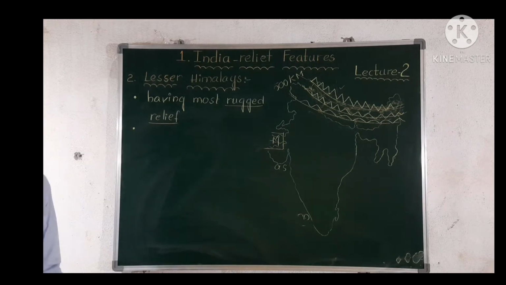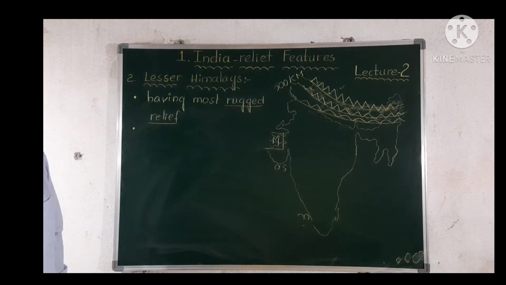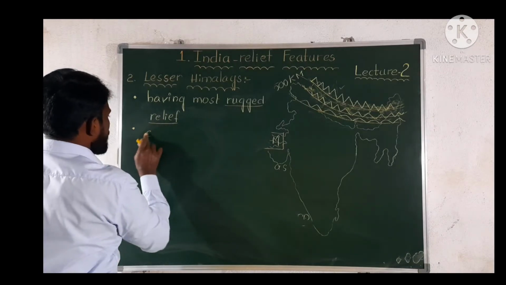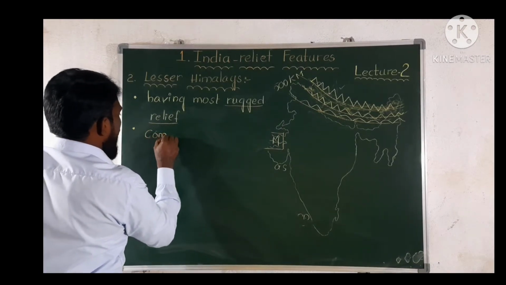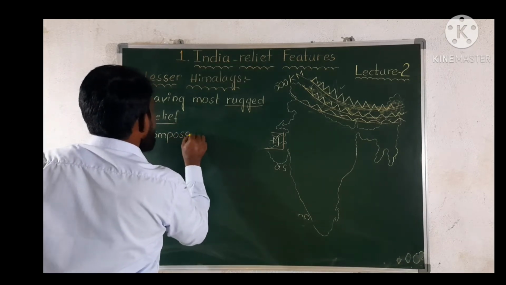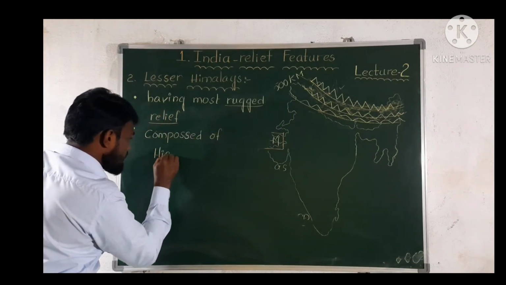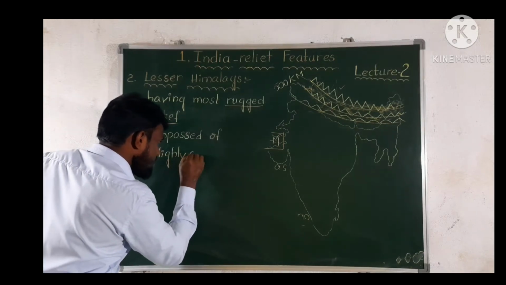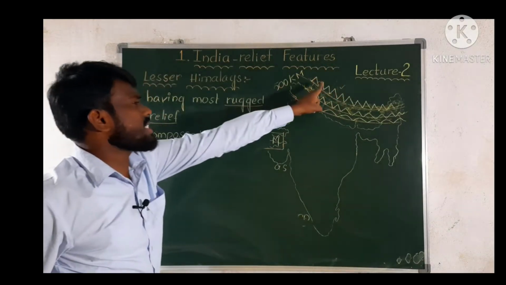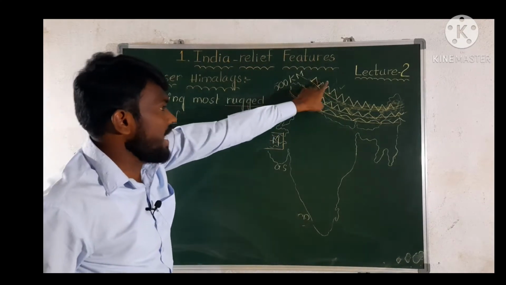The next point is that the ranges are mostly composed of highly compressed rocks. We already discussed that the Greater Himalayas, or Himadri, are composed of snow and ice cover.